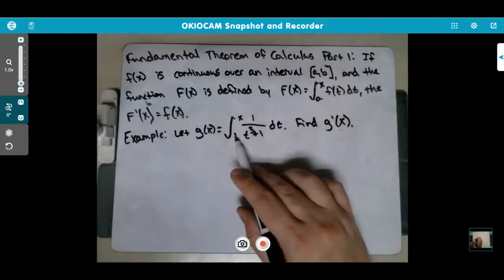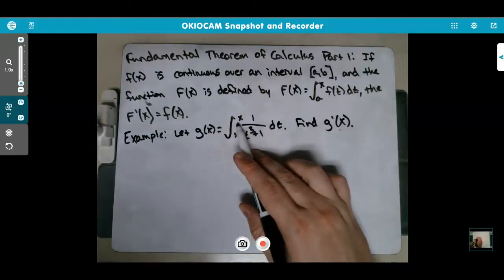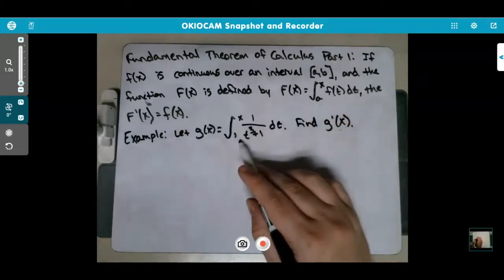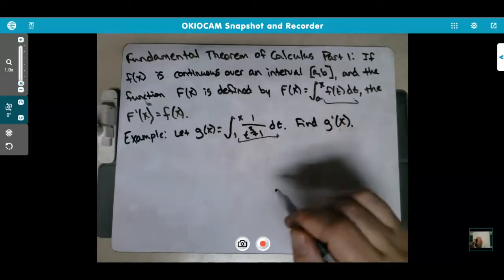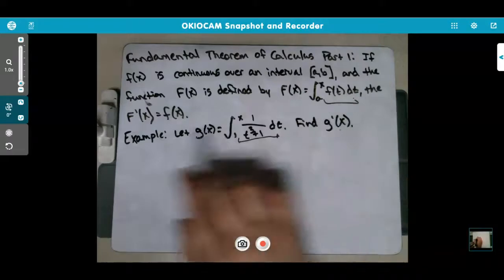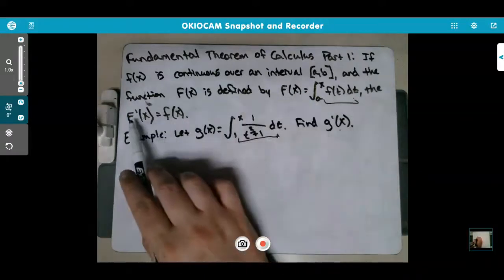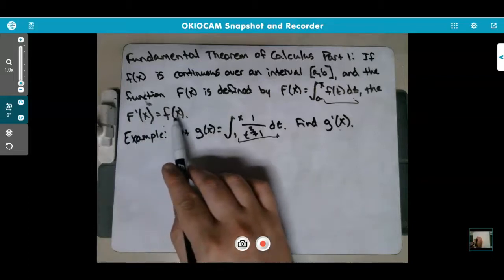A constant is the lower bound, and x is the upper bound of something in terms of t. So this has the exact form as what I had here. Okay. So all I've got to do then, based on what I said up here, the derivative of that is just f at that point x, right?